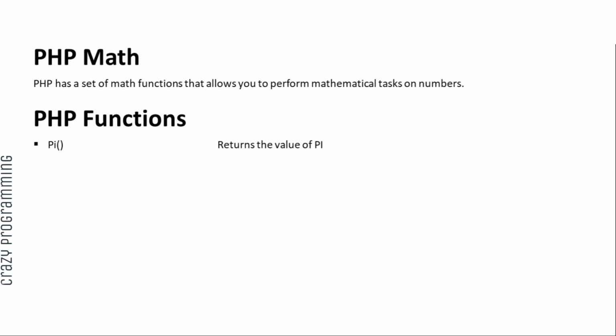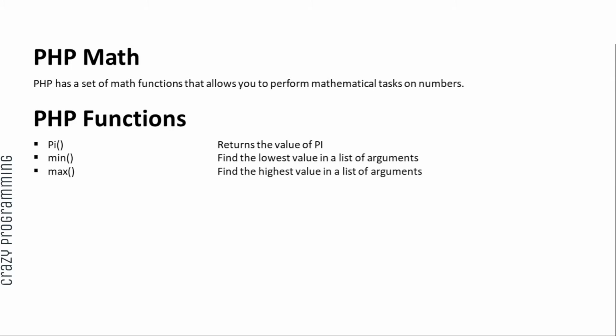So the first function is pi, which returns the value of pi. The second one is min, which finds the minimum number, the lowest value in a list of arguments.